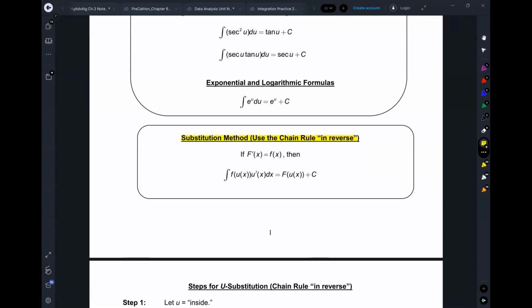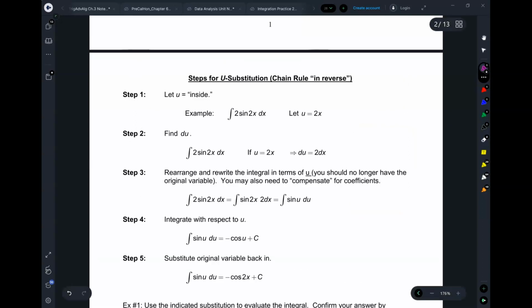Just like for the chain rule for derivatives, remember how if you had y equals sine of 2x, we had to identify an outer function and an inner function? We have to do the same thing in this case. So why don't we just go right into it.